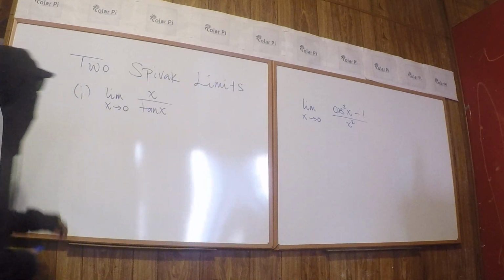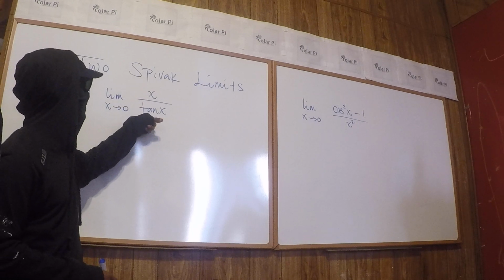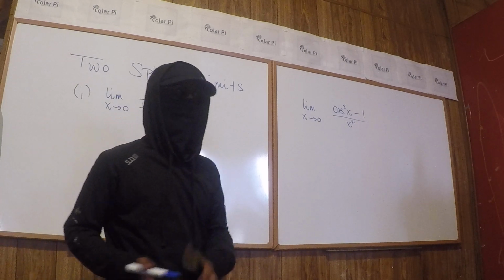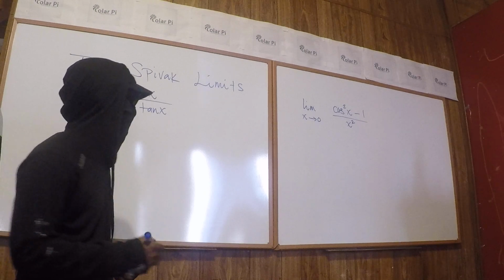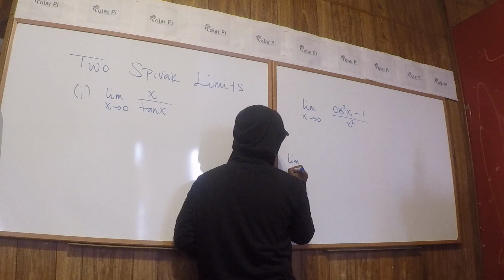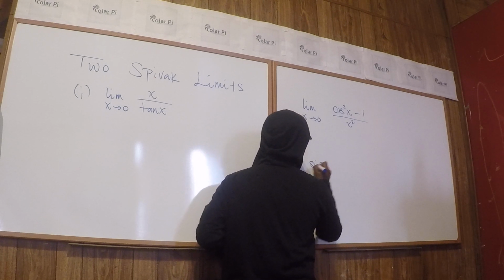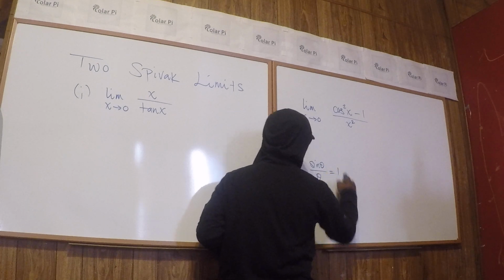Alright, so anytime you see tan x and x in a quotient, you should be thinking of that very famous limit, which goes like limit as theta goes to 0 of sine theta over theta is equal to 1, right?